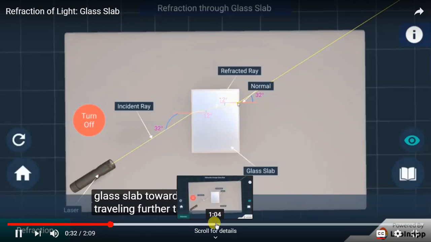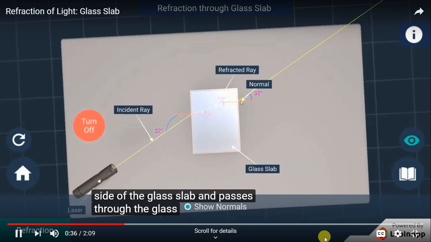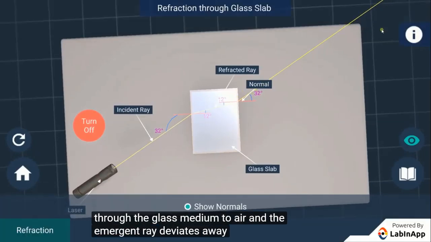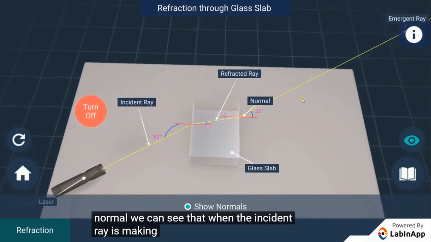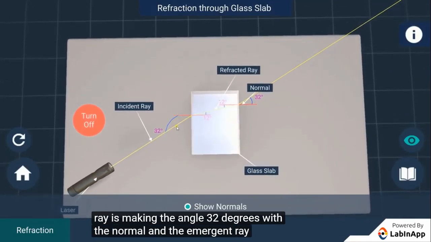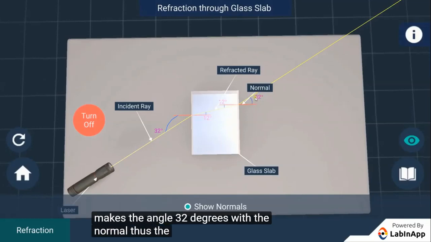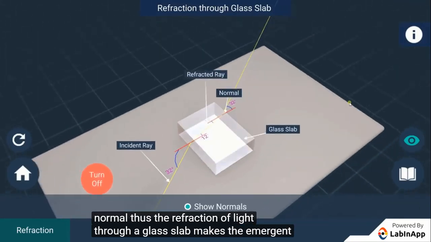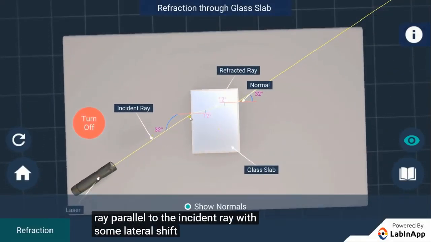Traveling further, the ray hits the other side of the glass slab and passes through the glass medium to air, and the emergent ray deviates away from the normal. We can see that when the incident ray makes an angle of 32 degrees with the normal, the emergent ray also makes an angle of 32 degrees with the normal. Thus the refraction of light through a glass slab makes the emergent ray parallel to the incident ray with some lateral shift.